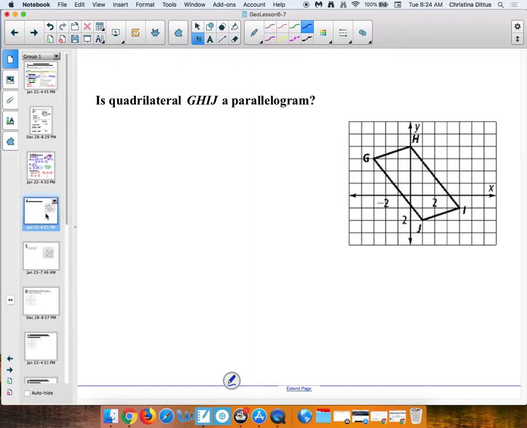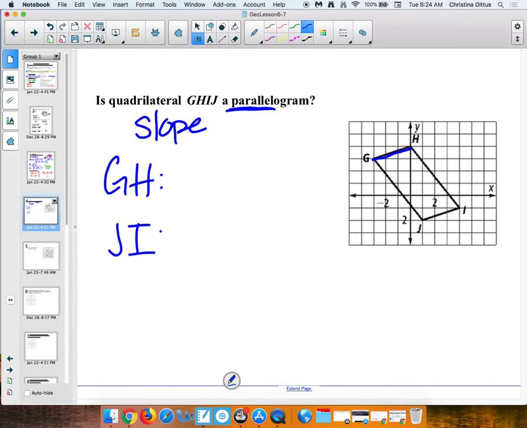Next to or opposites? Opposites. If I want to find parallel, am I going to use distance, midpoint, or slope? Slope. I like slope because it's easy. So if I'm looking at GH right here, what do I want GH to be the same as? JI. Slope again is rise over run. So what's my rise over run for GH? 1/3. How about for JI? 1/3. So those are good to go, right?